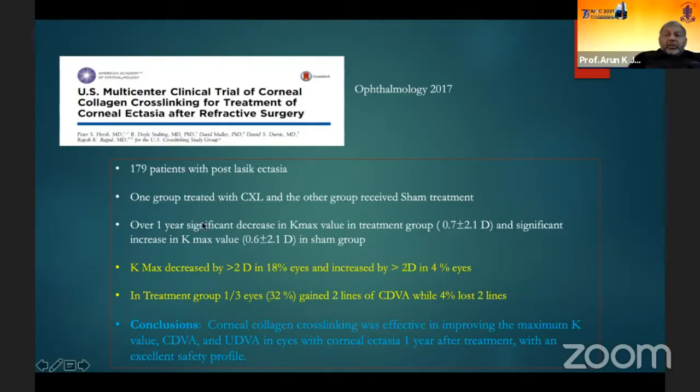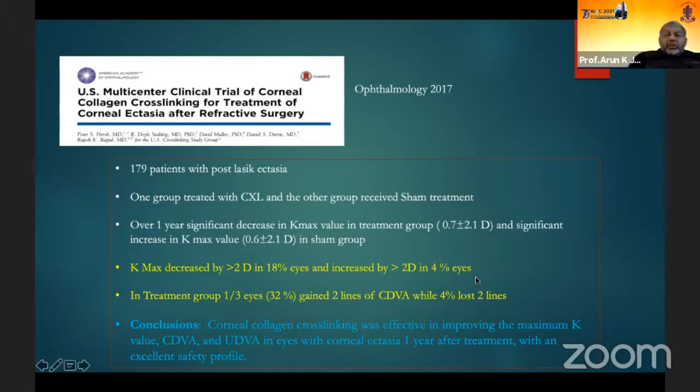In the results, they found that K increased by more than 2 diopters in almost 18% of the cases and by 2 diopters in 4%. So even after the treatment, there was an increased progression of the disease.